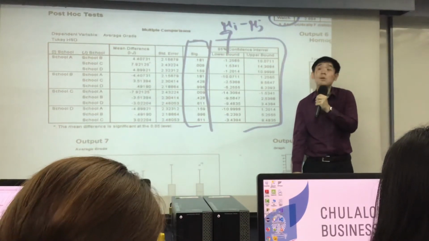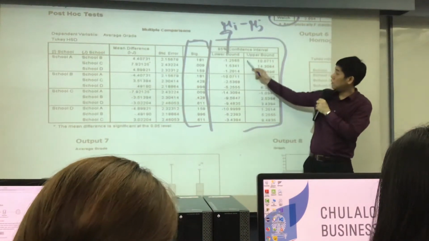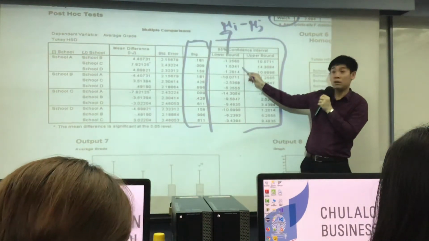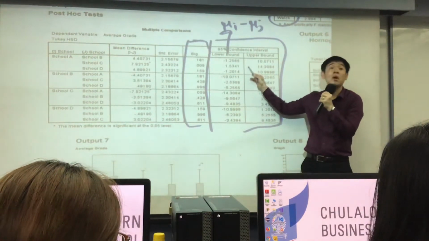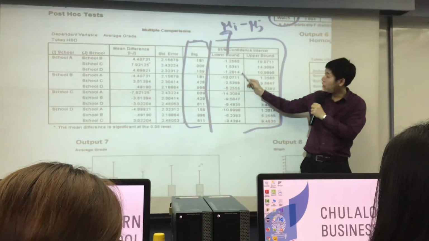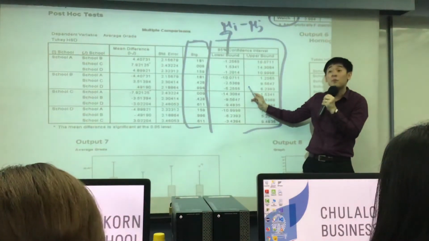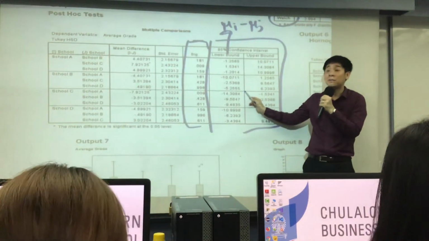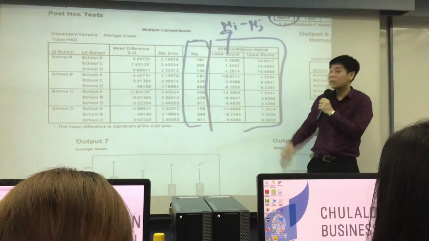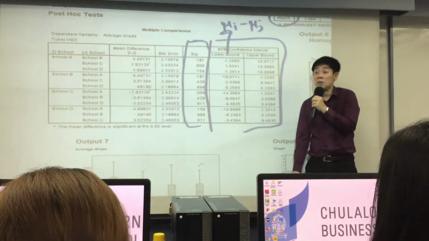If the interval includes 0, that pair is not different. Only positive: A is larger than C. Not different, not different, not different, right? This one is different. And then this one is not different. At the end, what you have is only A different from C.